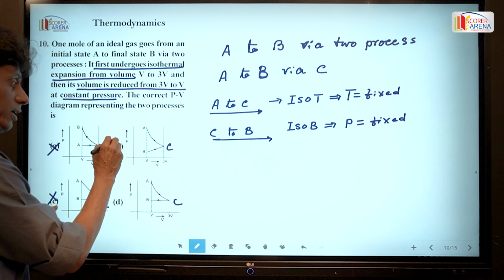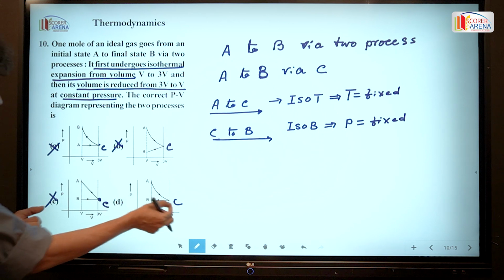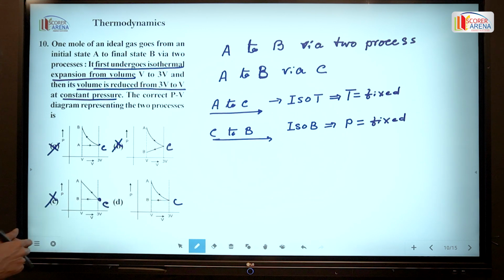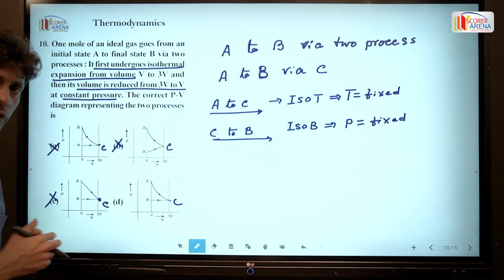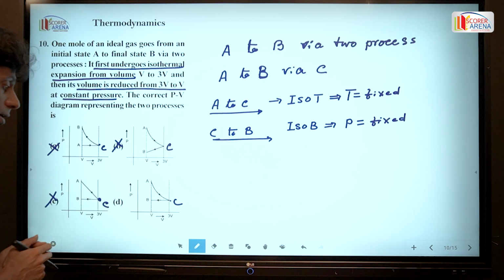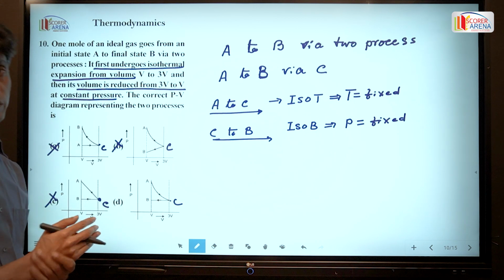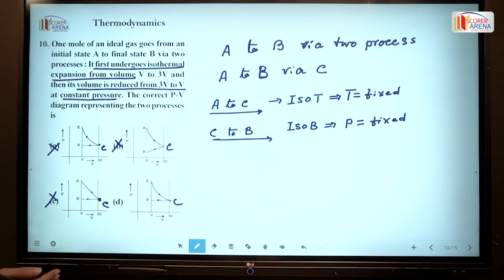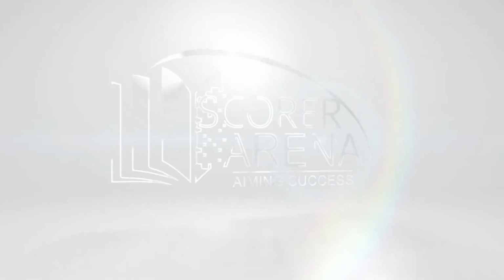So B is not the right option. In option D, CB is parallel to the volume axis, and the pressure at any point from C to B is fixed. So in this problem, without any calculation, on the basis of concepts, we can say option D is correct.